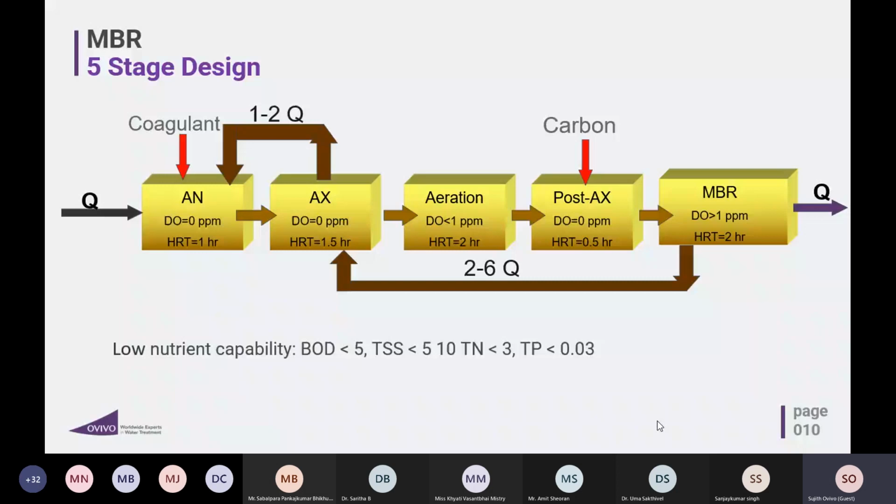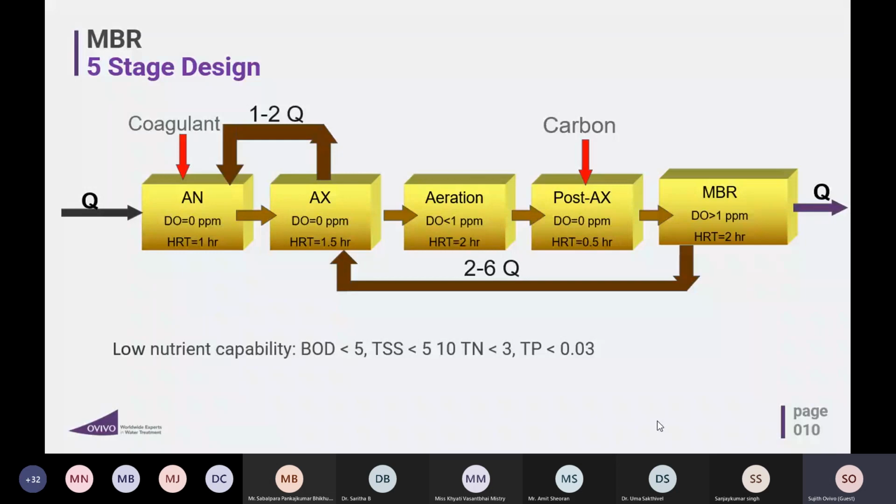We need to add a carbon source, which is nothing but methanol or sodium acetate, because for the denitrification process you need to have the carbon source, then only the denitrification happens, which we'll come to know in the next slide. Then there is an MBR.